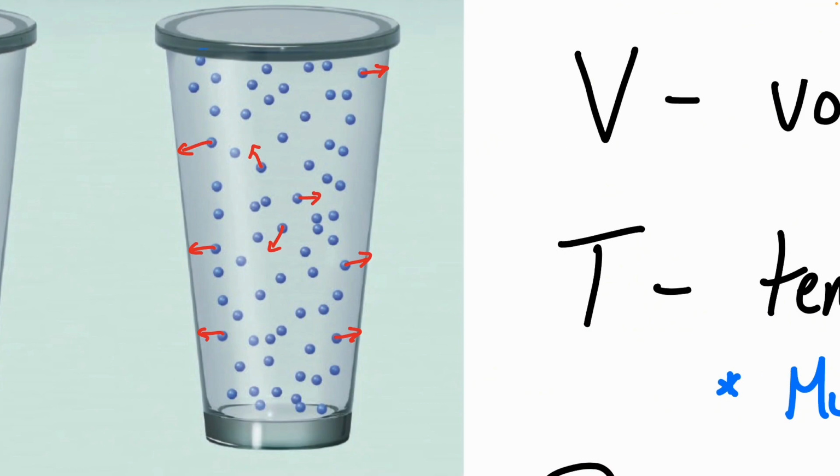There's this expansion force that they're doing. They're all trying to get out, trying to expand out here. And so this force that's imparted on the walls of the vessel, this is what we call pressure. So our force imparted on our walls, that's what we call the pressure of the gas.